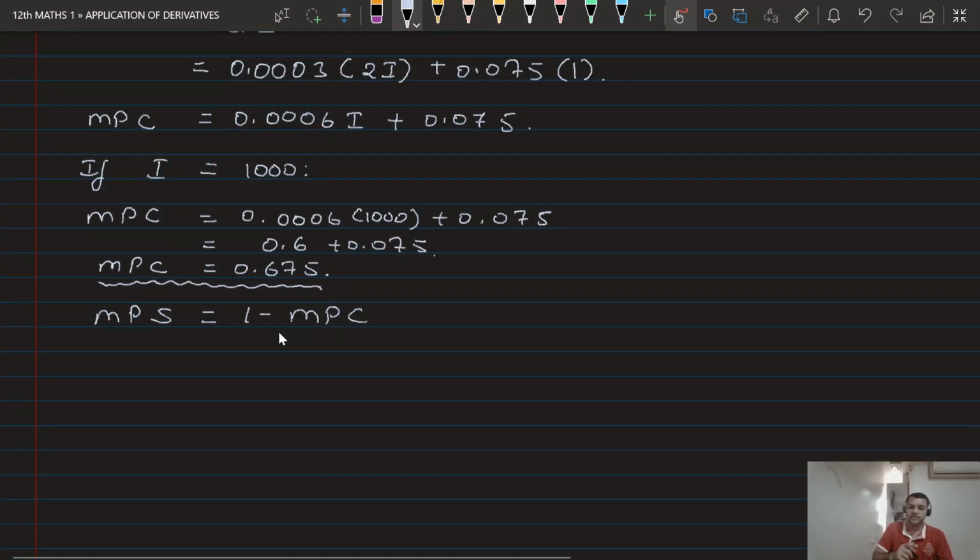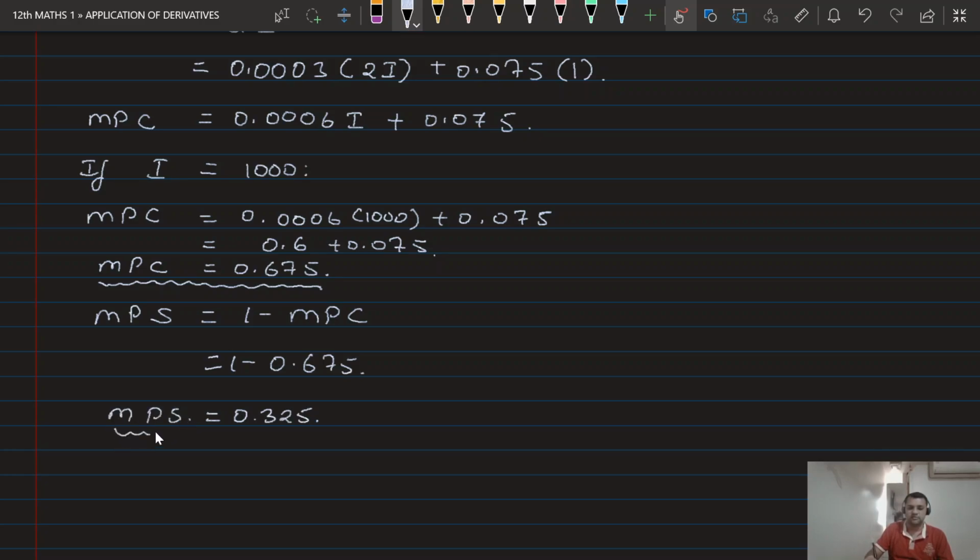So from the expenditure function we first find MPC, and then from MPC we go to MPS by using 1 minus MPC. 1 minus 0.675 has to be 0.325. So that is the required value of your MPS.